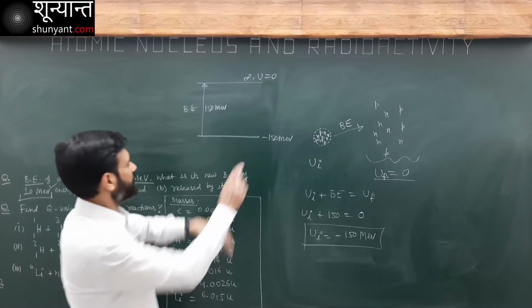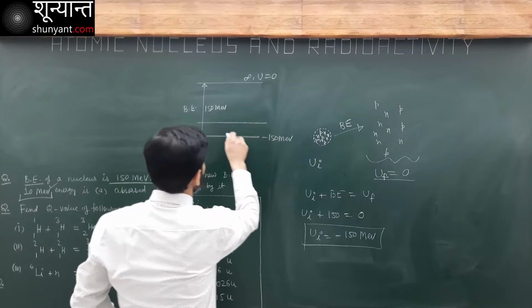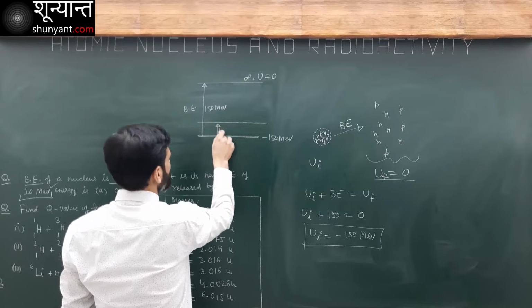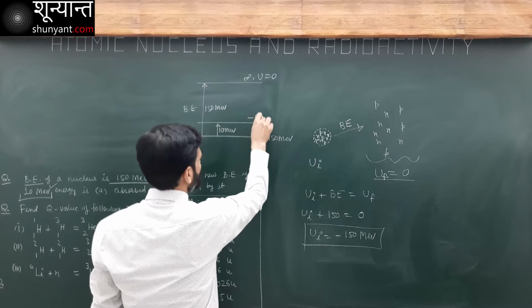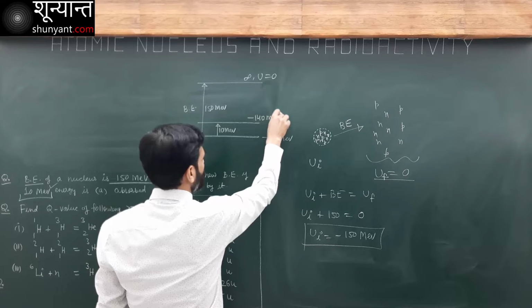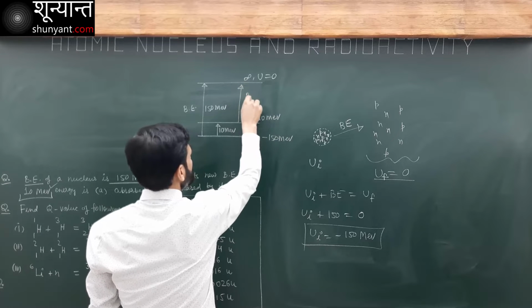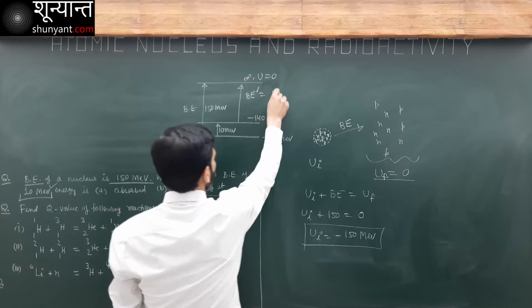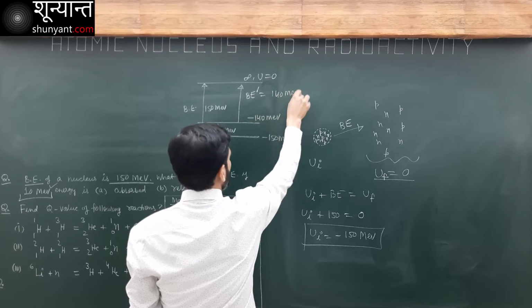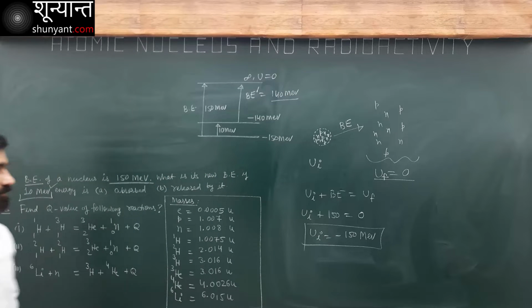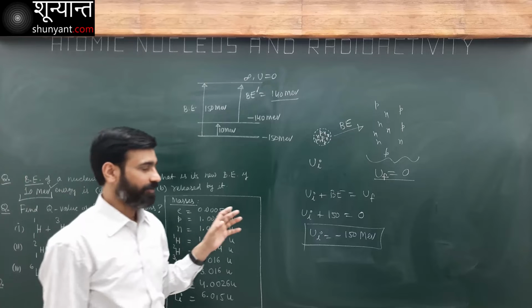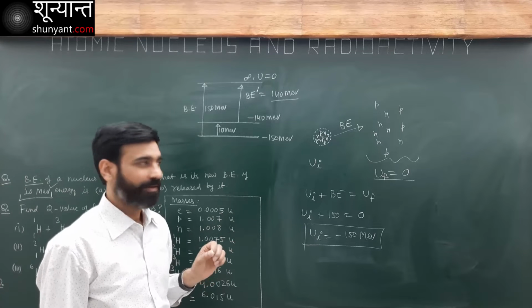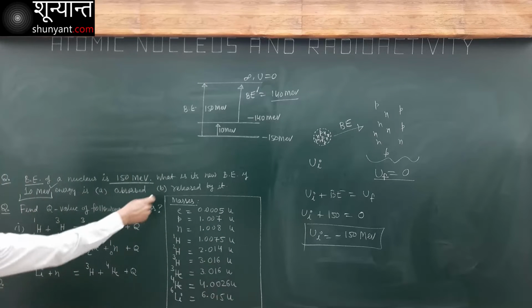So the nucleus is going to be in this state, and its energy will become minus 140 mega electron volt. Then its new binding energy will be 140 mega electron volt. So from 150 it becomes 140 mega electron volt.